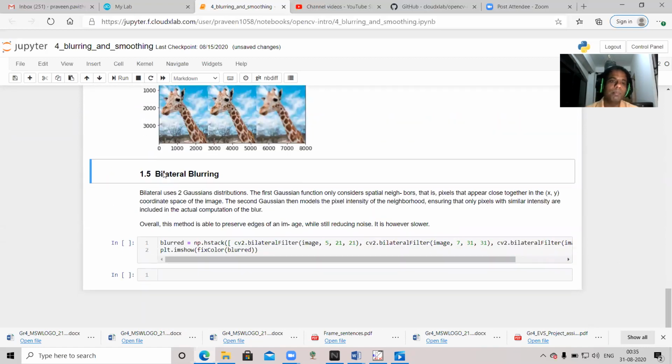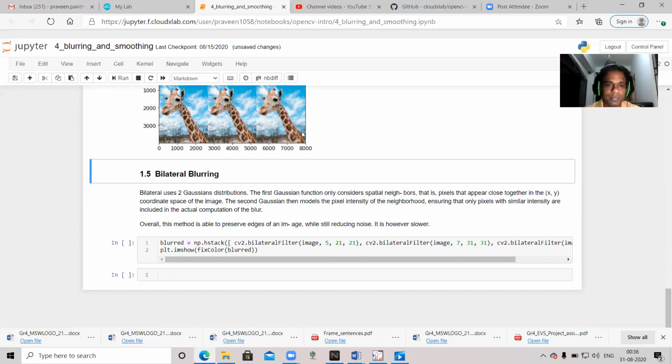The last blurring we look at is called bilateral blurring. In bilateral blurring, we use two Gaussian distributions. The first Gaussian distribution does the usual, considering only the spatial neighbors, that is, pixels that are close to each other in the same coordinate space. The second Gaussian also gives a weightage for the pixel intensity, so pixels that have similar intensity have a higher weightage while computing the blur.